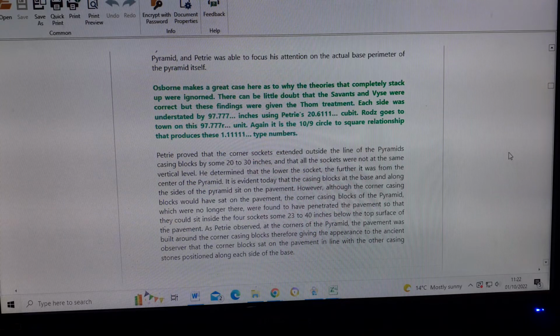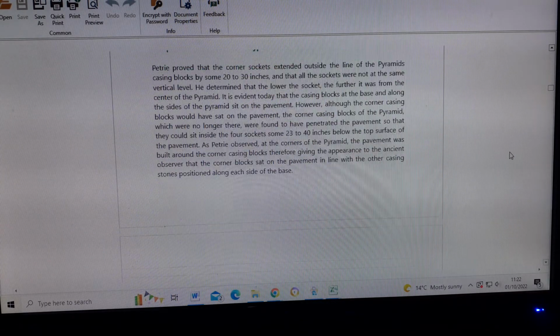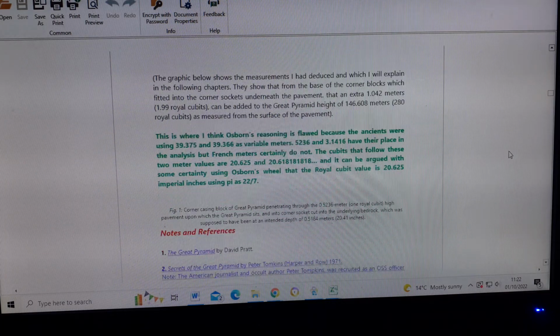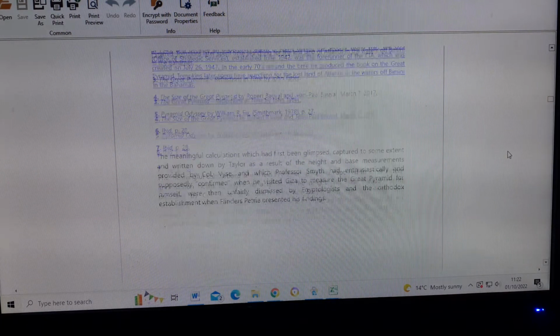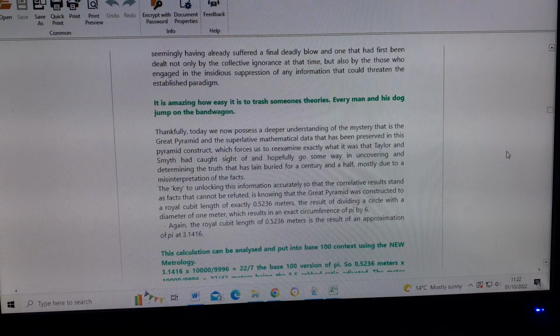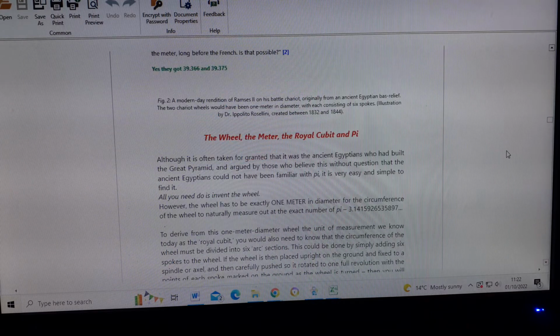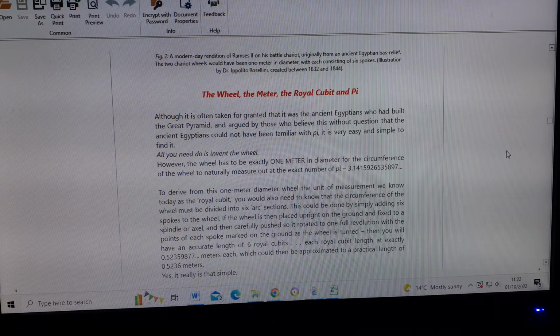And he agrees that this is the determination that we should all be looking at, and I 100% agree with him. But he comes out in this paper with something that stands out that we should be using to calculate the length of the royal cubit. And it's this section at the end, and it says the wheel, the meter, the royal cubit and pi.